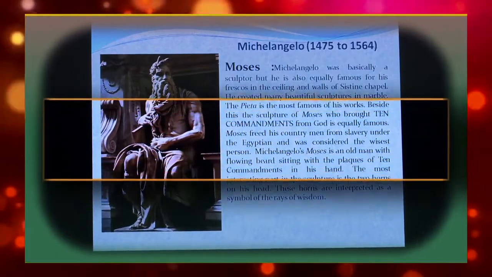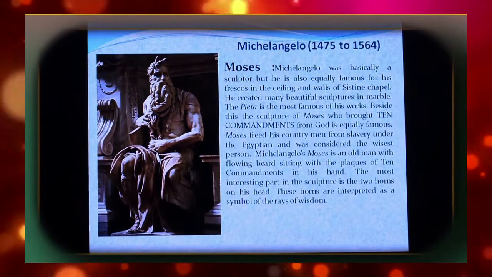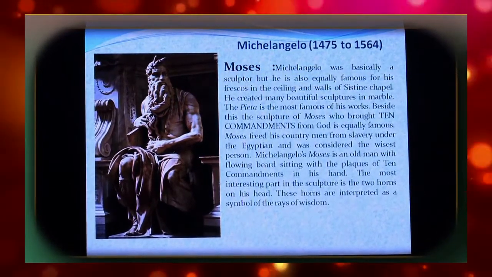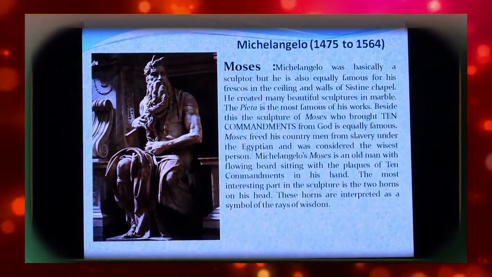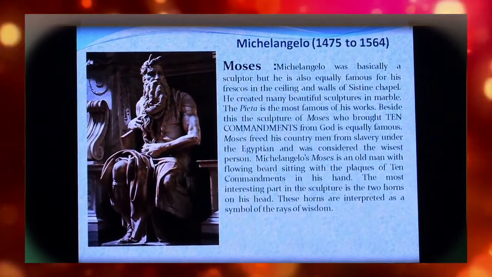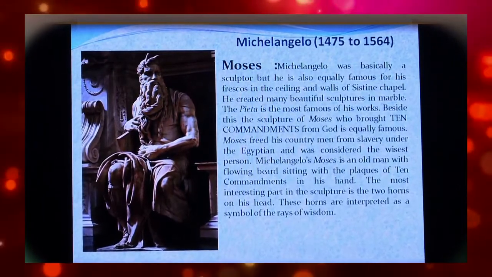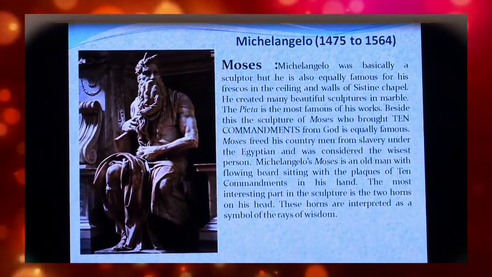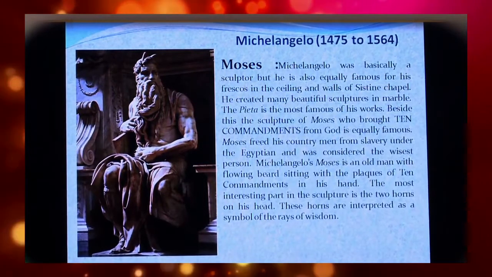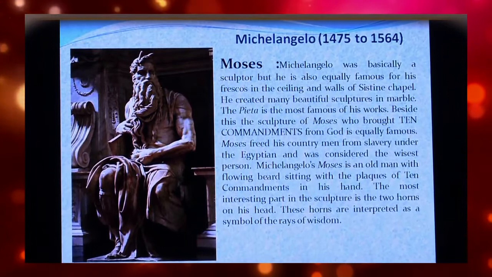Michelangelo, his sculpture Moses. Michelangelo was basically a sculptor, but he is also equally famous for his frescoes in the ceiling and walls of the Sistine Chapel. He created many beautiful sculptures in marble. The Pietà is the most famous of his works. Besides this, the sculpture of Moses, who brought the 10 commandments from God, is equally famous.